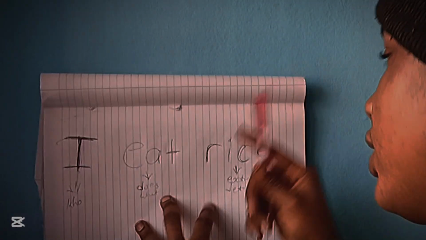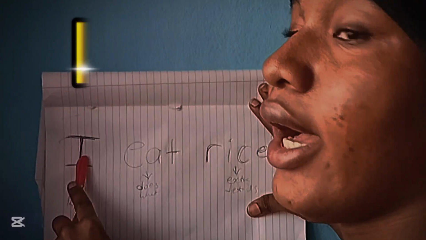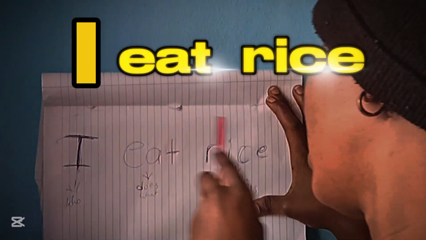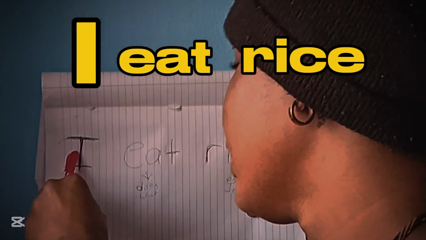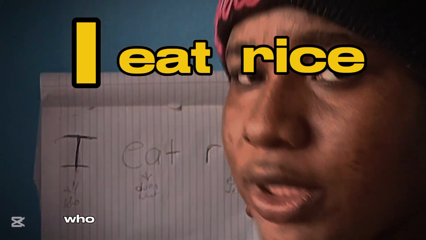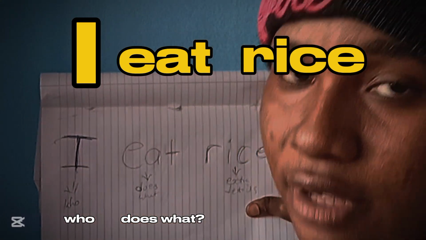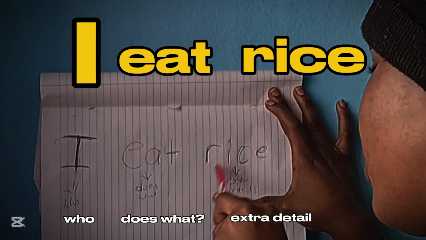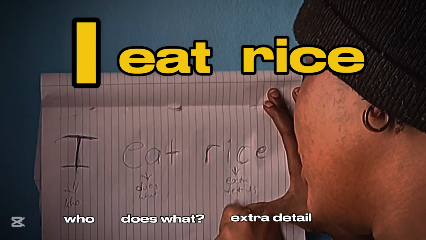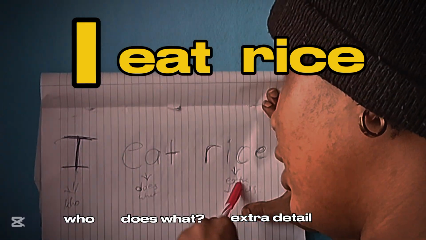So, as you can see here, we have this. I eat rice. I, as in who? The subject. Eat does what? The verb. Rice. Extra details. So, I eat rice.